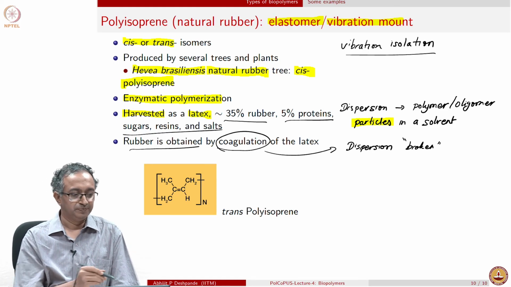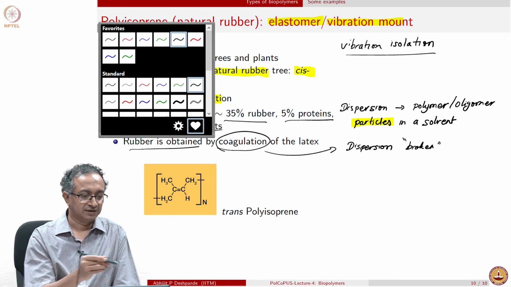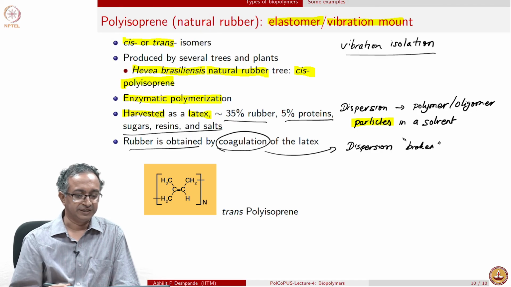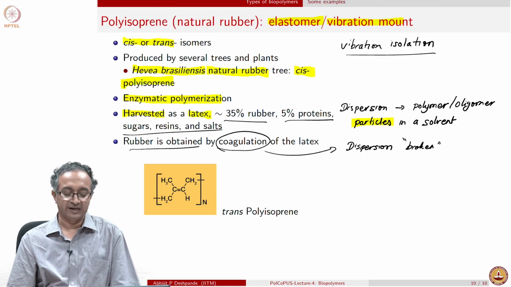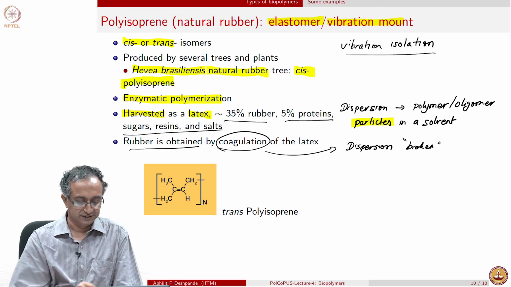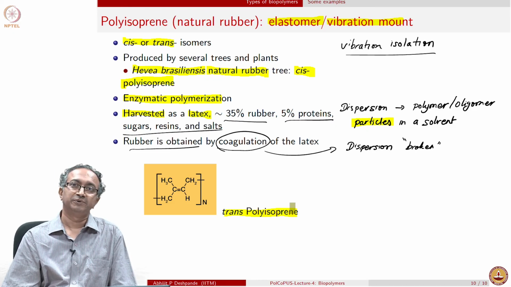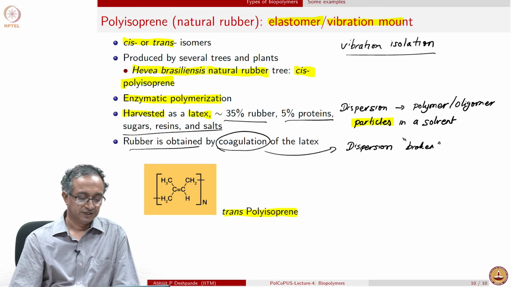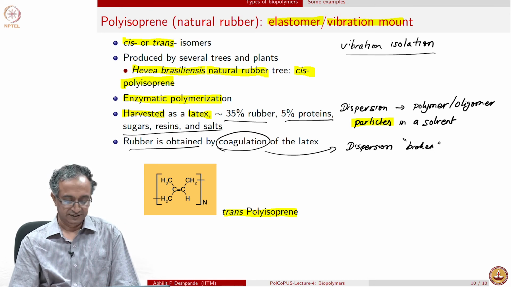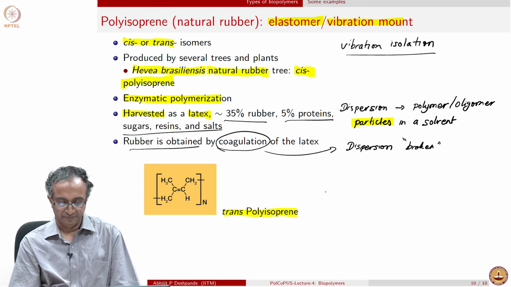And so, just looking at how a natural rubber tree's polyisoprene looks, here what I have shown is trans polyisoprene. So, I hope through your earlier chemistry knowledge, you should be able to draw how a cis polyisoprene looks.